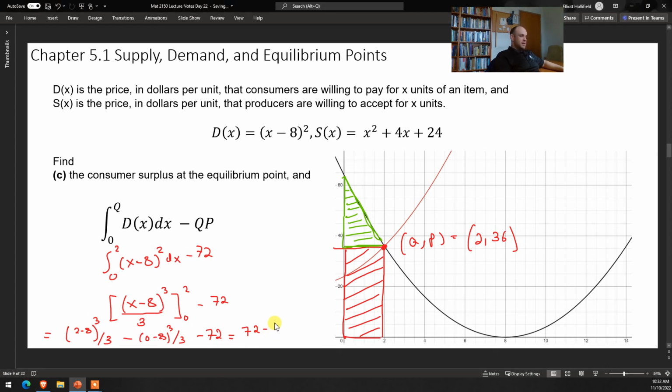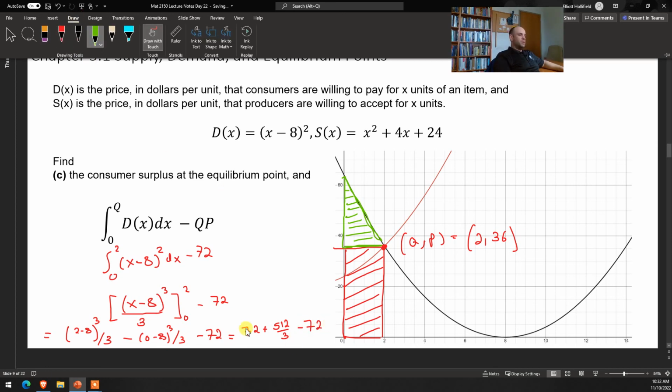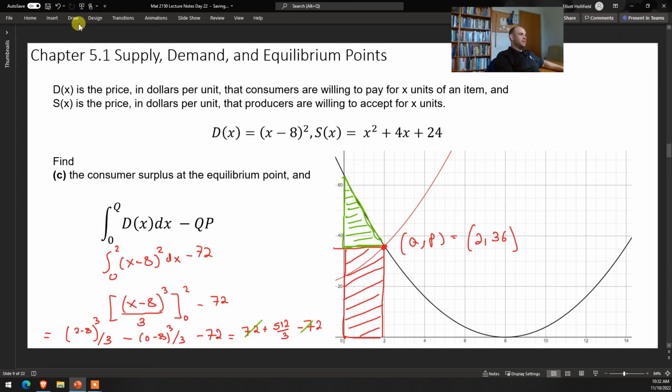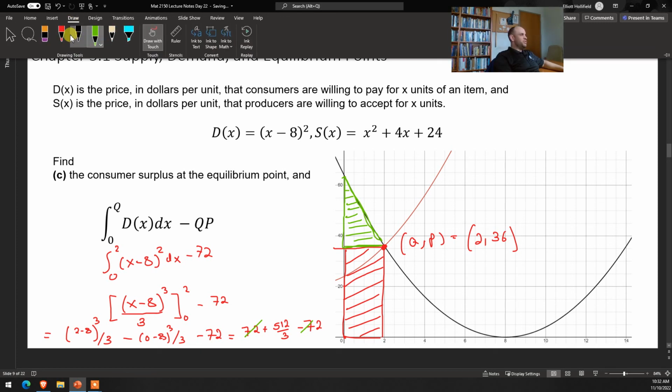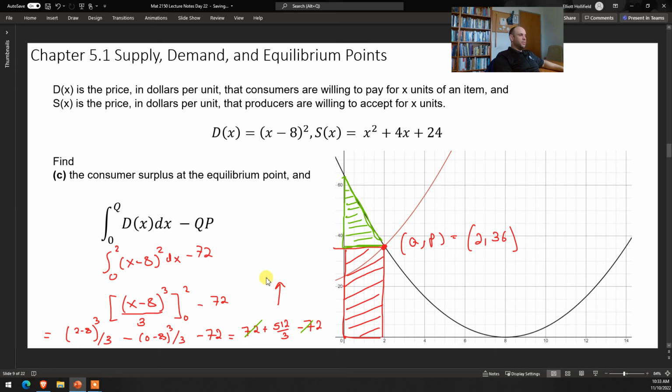Let's see, that is 512 over 3. Since it's minus with a minus, we get a cancellation, and then we have minus 72 here. So these two cancel, and we're left with 512 over 3. Since we have a price, let's go ahead and do the division and round to 2 decimal places. Therefore, 512 over 3 gives us 170.67.